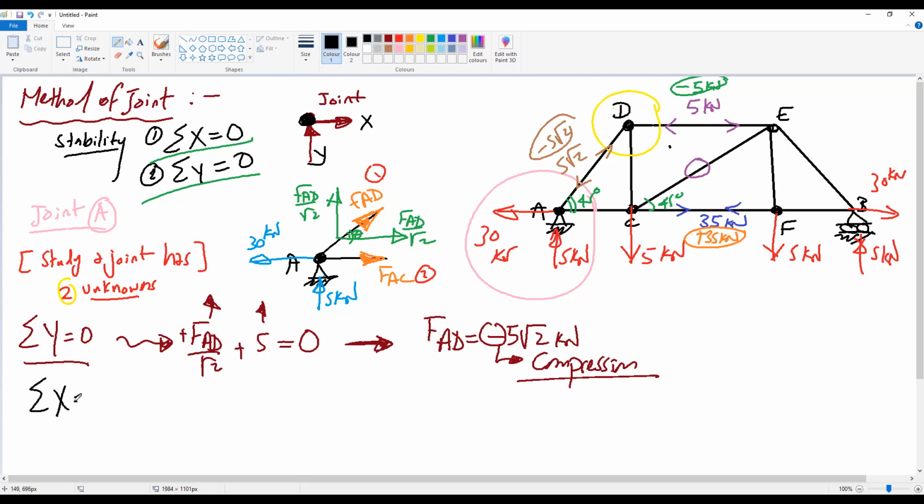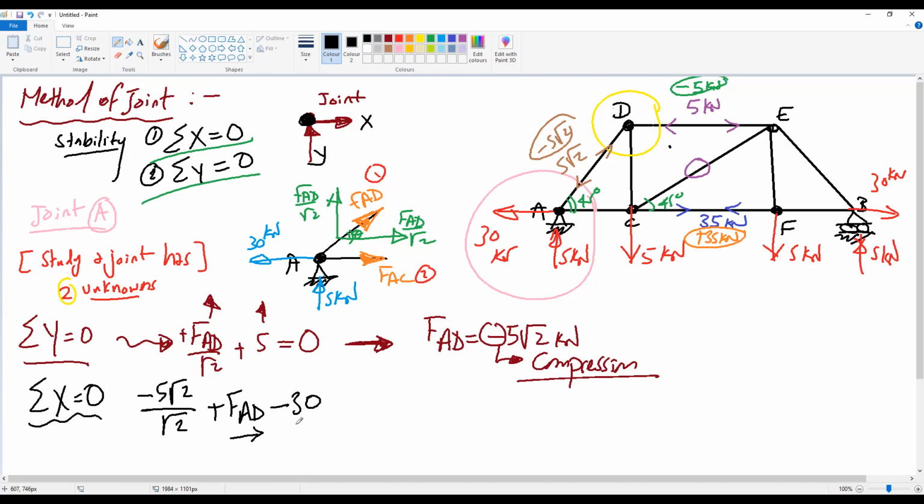Summation x equal to 0. What do we have in x now? We have FAD, which is negative 5 root 2 divided by root 2, plus FAC, minus 30 kilonewton.